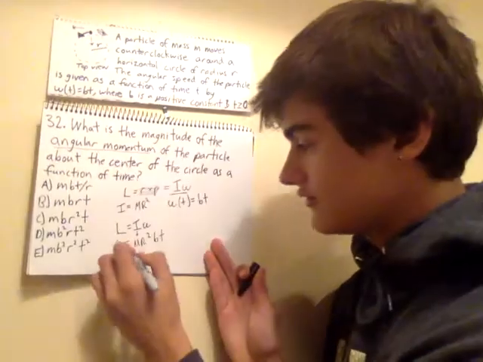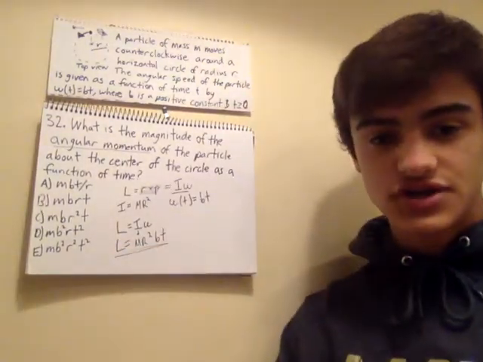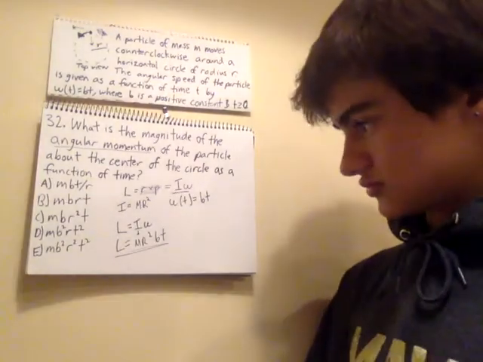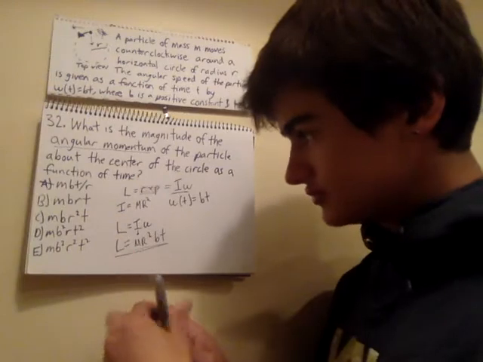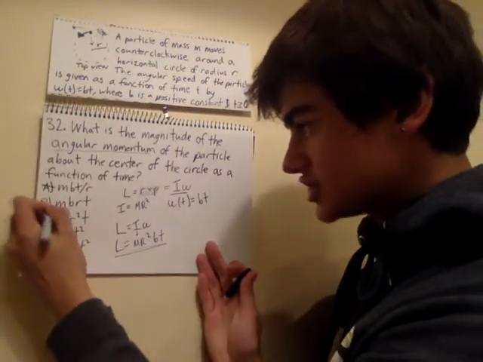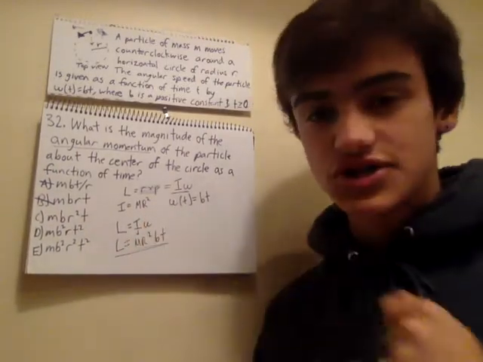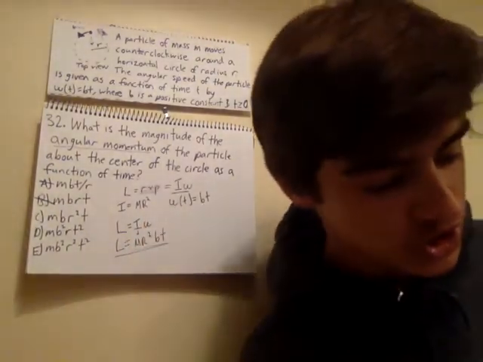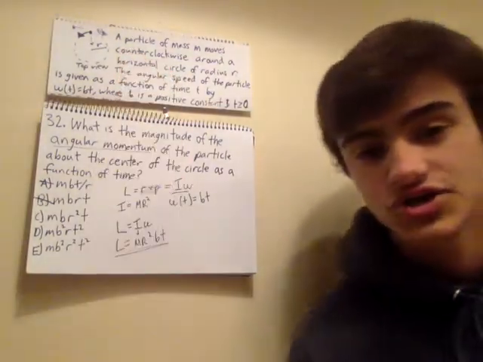Now let's see if what we have discovered looks familiar in any of these answers. mbt over r, nope, r should be in the numerator. mbrt, nope, that just has an r, no r squared. By the way, I wrote r capitalized here because that's the way it's usually written in that formula, but it's the same as lowercase r for the radius.